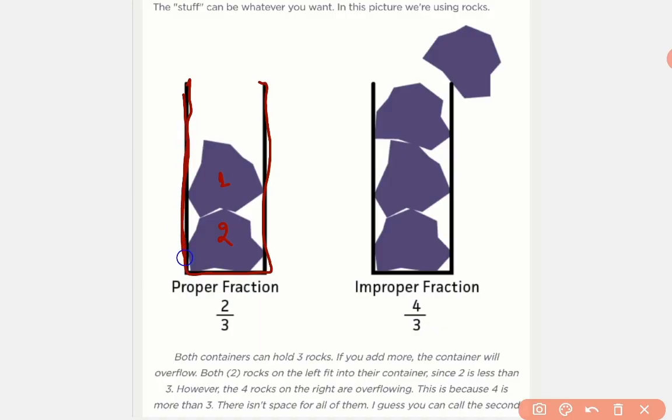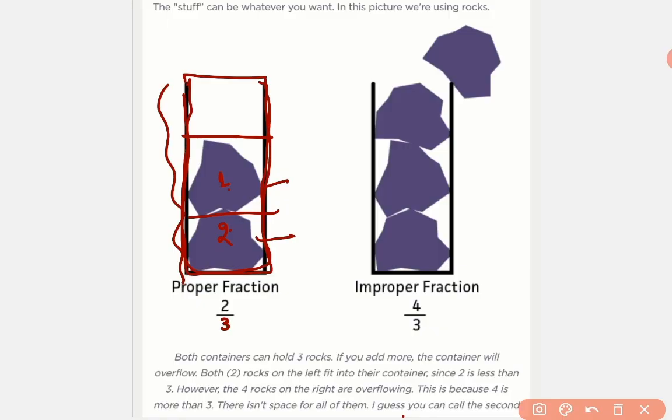This is a whole container, and in it you can place three rocks, which is sufficient. It is divided into three parts, but we are placing only two rocks in it, that is, it is occupying only two spaces. So you have this picture of a proper fraction as 2 by 3, isn't it?